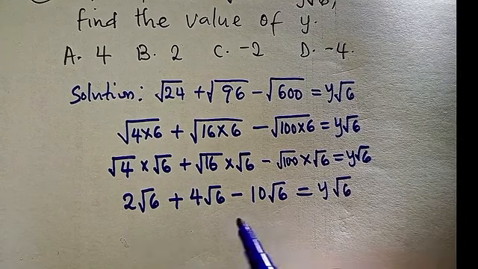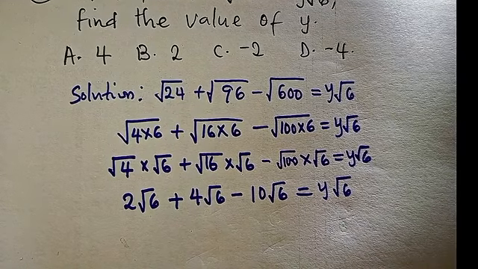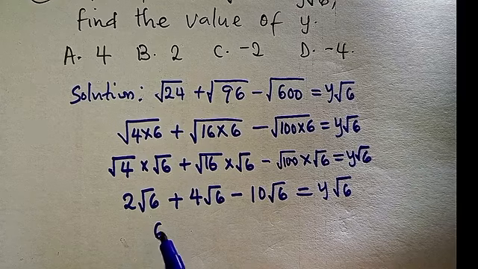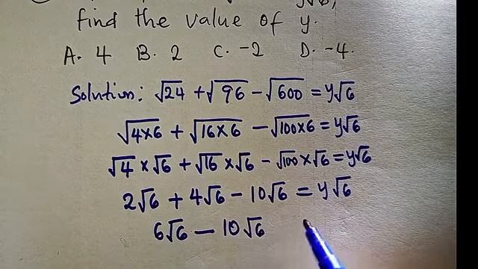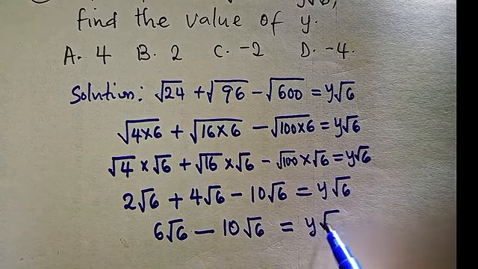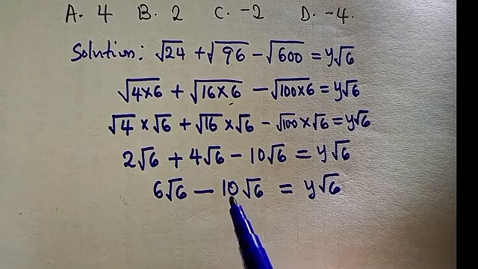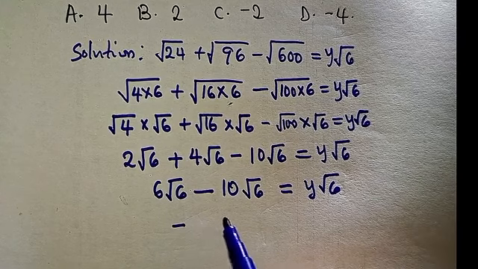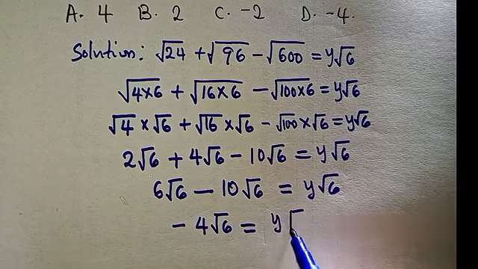So from here now, since we have root 6, root 6, root 6 here, they are like terms, so we can add them. So 2 plus 4, we have 6 root 6 minus 10 root 6 equals y root 6. So now what are we going to do? Taking 10 from 6, we are going to have minus 4 root 6 equals y root 6.